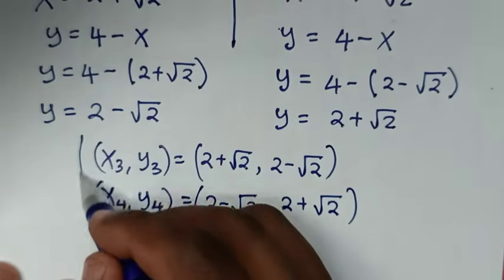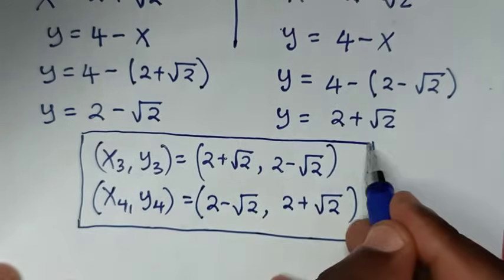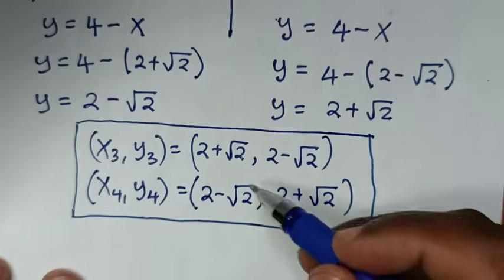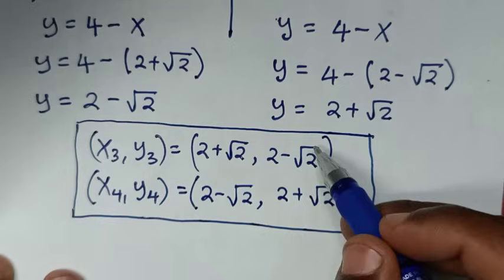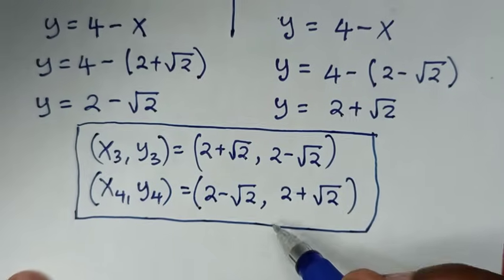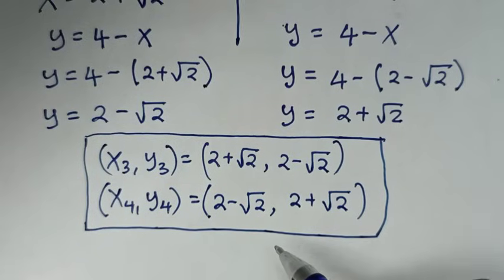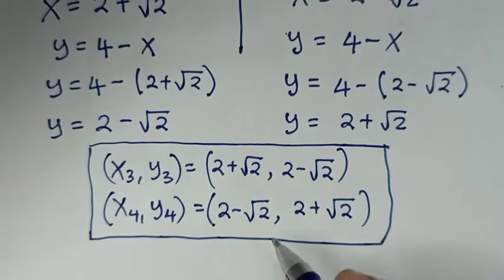Now from these two other solutions, these are real solutions. This value of x is the same as this value of y, and this value of y the same as this value of x. So these are all the four values of x and y in our problem.